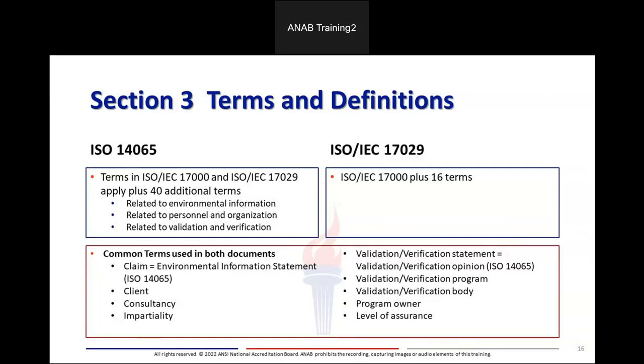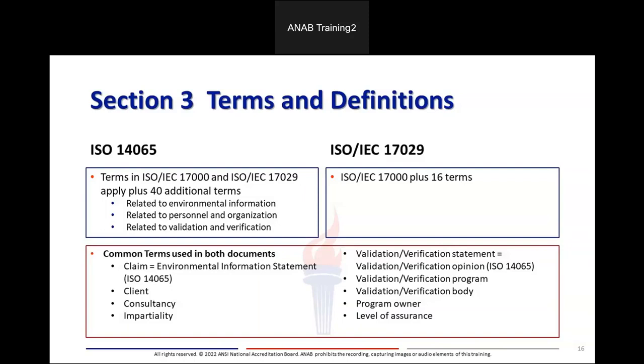So it has more terms and definitions that it brings into consideration in the 14065 document. But there are many terms and definitions that are the same between the two documents, and those are listed here. We've already encountered a few of these terms, such as claim and validation and verification.